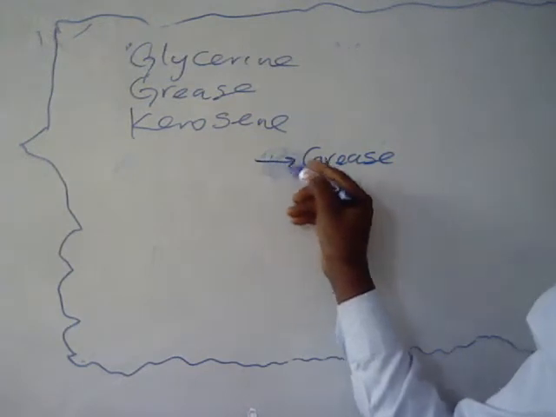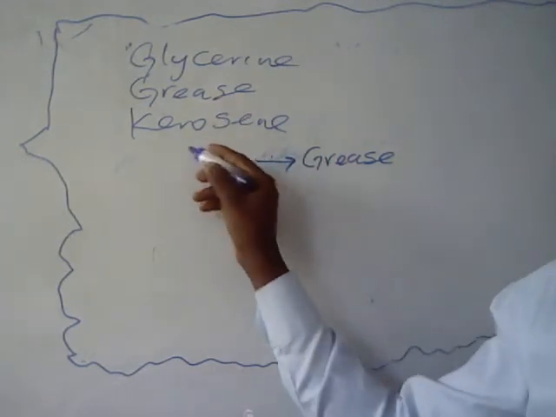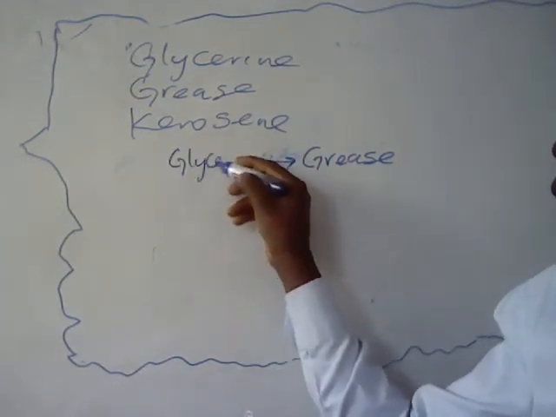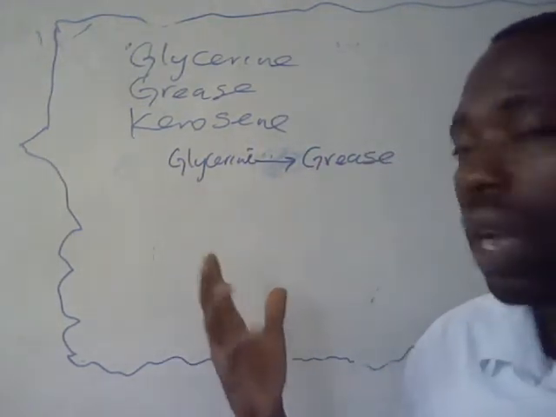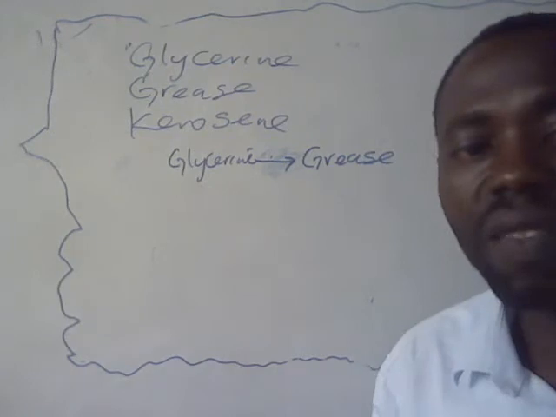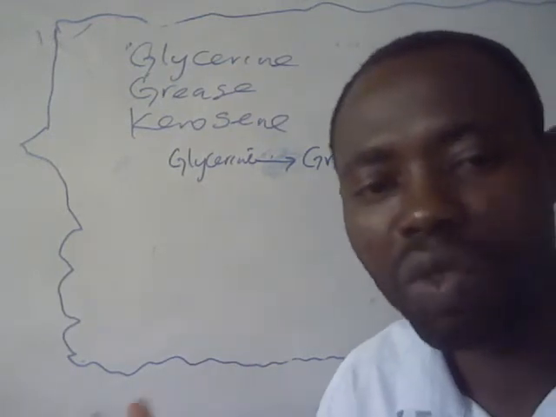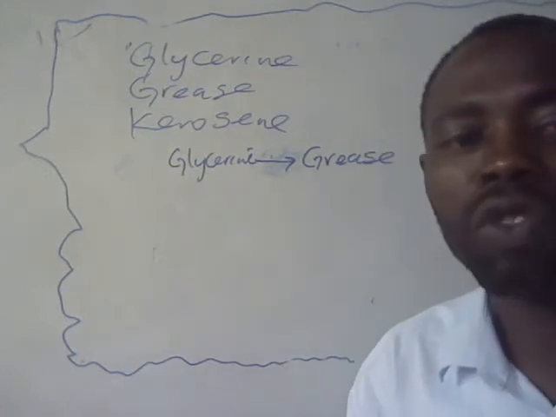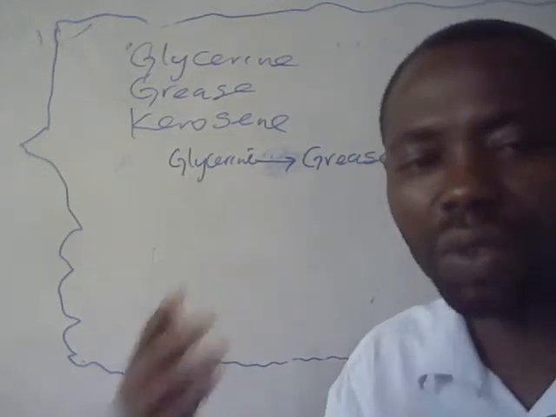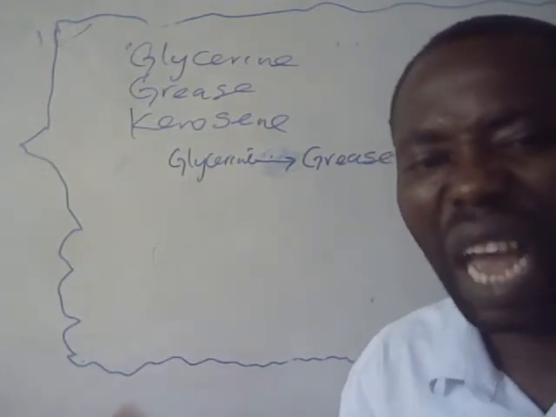Then the middle one will be glycerine, because glycerine is from glycerol, and glycerol in chemistry is propan-1,2,3-triol. Propan-1,2,3-triol has three hydroxy groups.